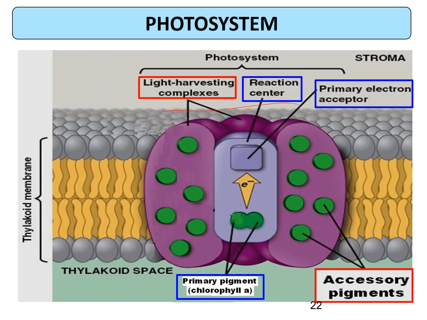So this is a photosystem. So we have the light harvesting complex, we have the reaction center with primary pigment. So there will be a primary pigment which is the chlorophyll A, either P680 or P700, while this is the primary electron acceptor. So electron will be excited from the P680 or P700 towards the primary electron acceptor.